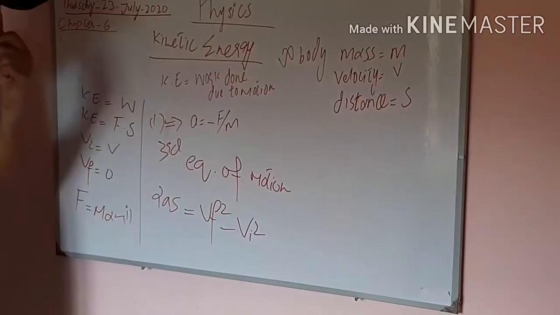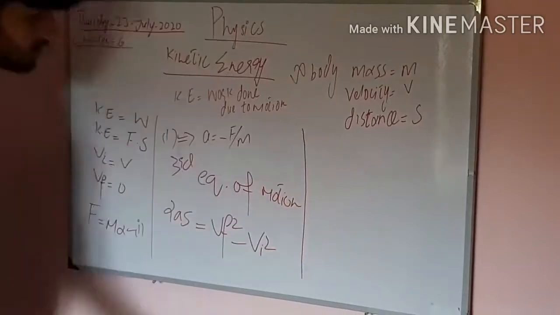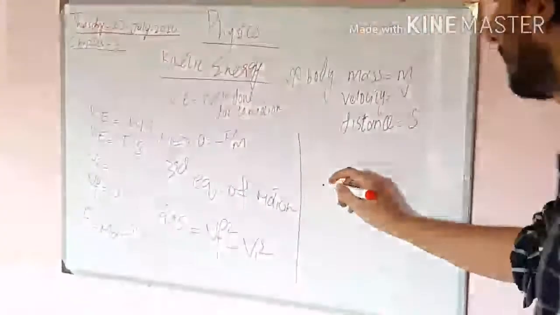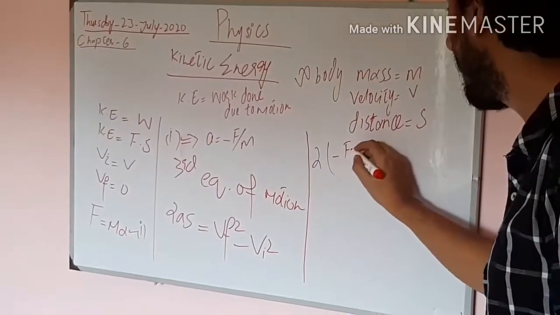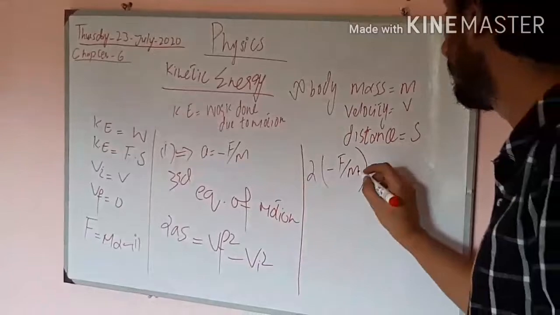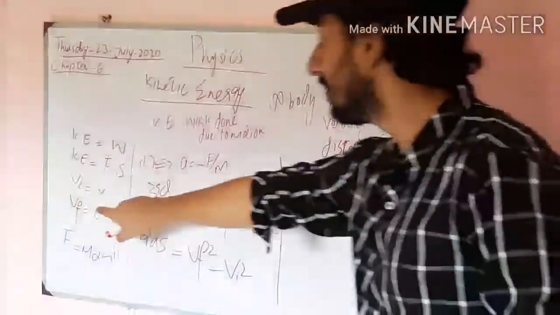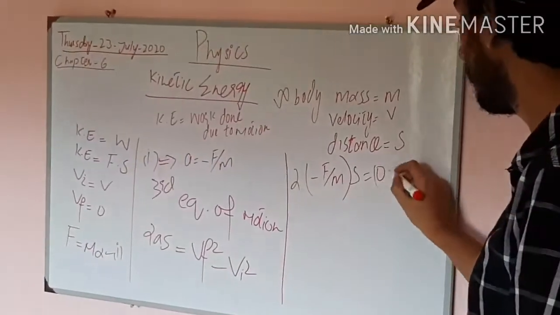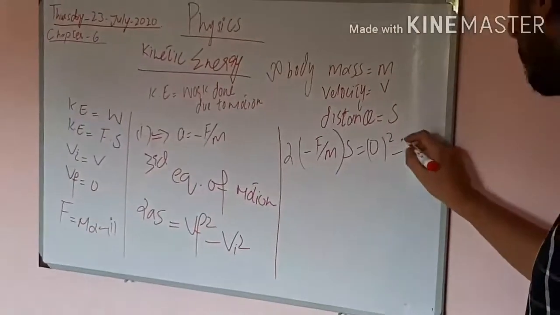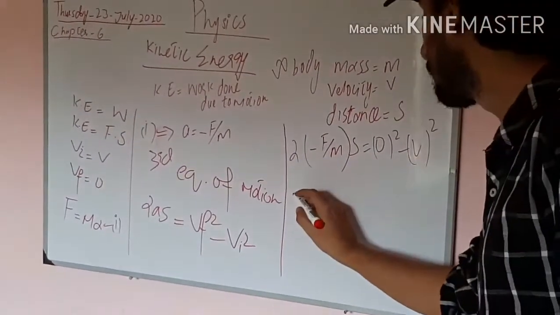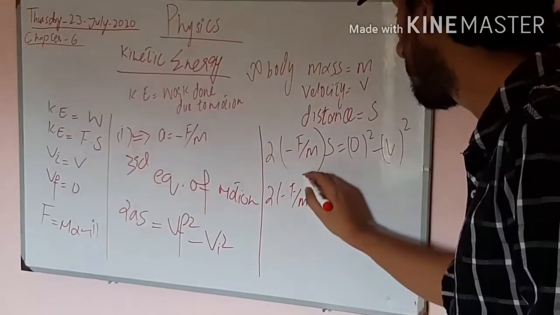Now I am going to put values in this equation. 2a, we know that a is equal to minus F by m, times s, is equal to Vf square, we know that Vf is 0, minus Vi square, where Vi is equal to v. So we have 2 times minus F by m times s.